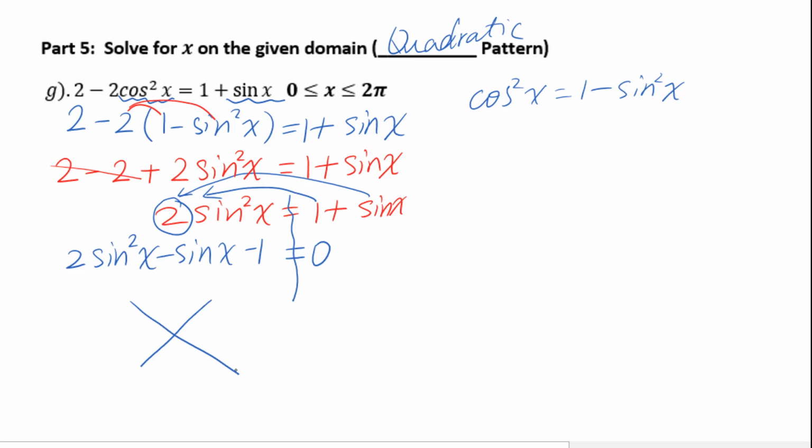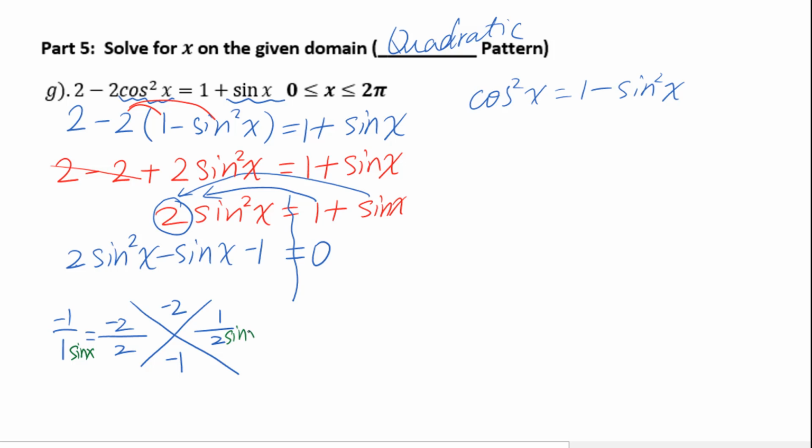Then we will do linear x. 2 times negative 1 is negative 2 over 2. Then this is negative 1. So for negative 2, we can get the negative 2 times 1. Reduce, you will get the negative 1 over 1. Your variable is sine x.